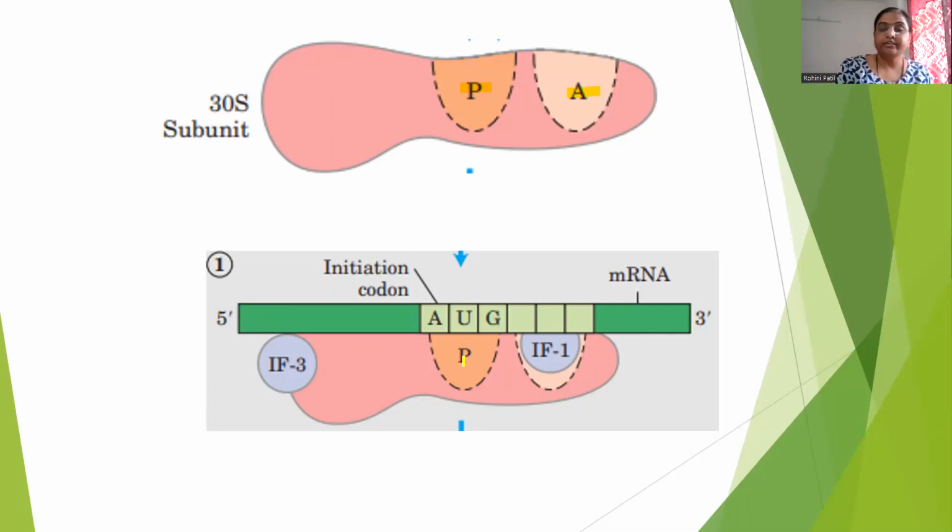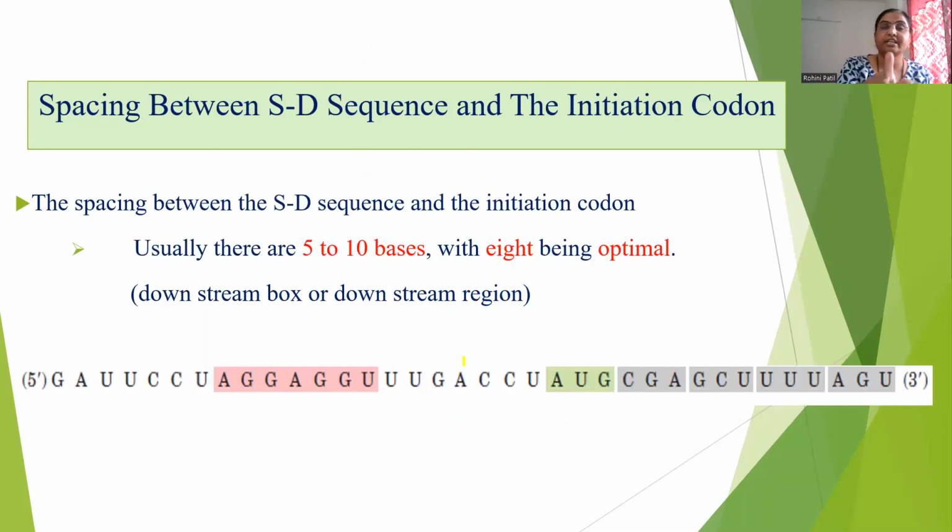Another factor which affects the translational efficiency is the spacing between the SD sequence and the initiation codon. Here is the SD sequence and here is the initiation codon, AUG. Between the SD sequence and AUG there are some intermediate base sequences, called the downstream box or the downstream region.